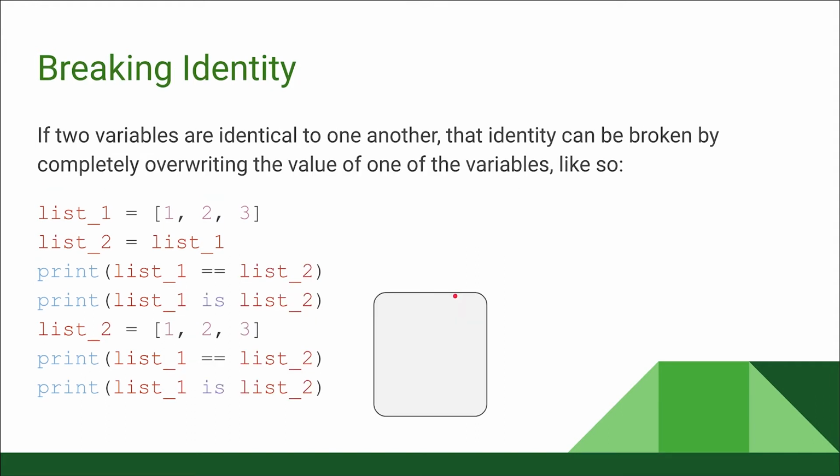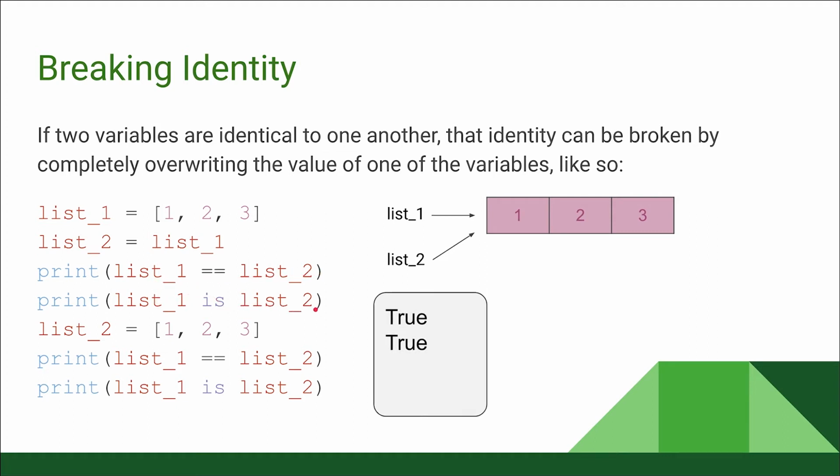If I want to make two variables stop being identical, I can do that by completely overwriting the value of one of the variables, like this. So let's say I have list1 is [1, 2, 3] again, and list2 is once again identical to list1. I can print list1 == list2, and list1 is list2. Both of those are true. Again, if it is identical, they are always going to be equivalent.